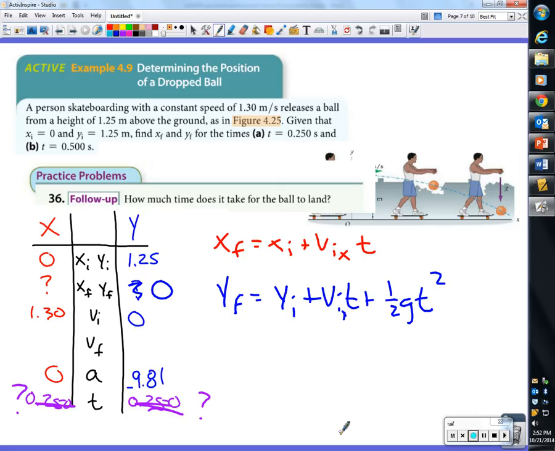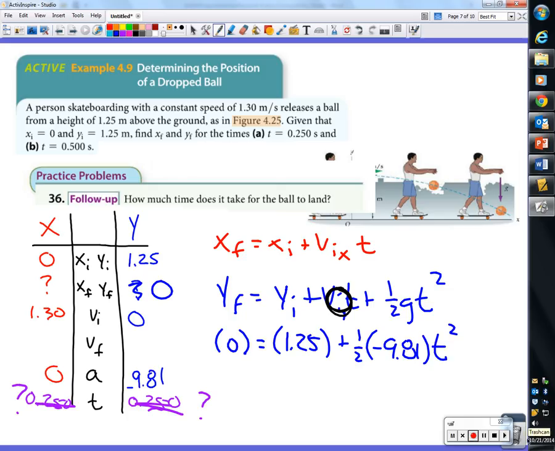We don't know what x final is, so we can't use that equation. But because v initial on the y-axis is 0, that term goes away. Okay? And we can start plugging some things in, right? We said that this is 0, this is 1.25 plus 1/2 negative 9.81 times t squared. Okay?